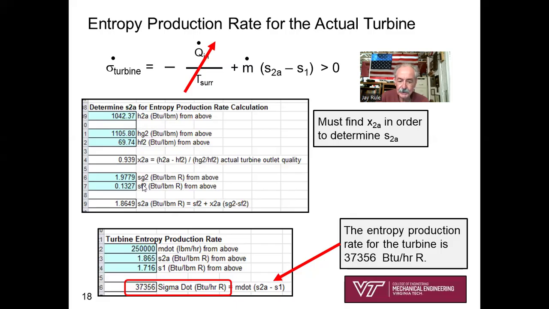I wrote down SG and SF, so I applied my definition of quality to get S2 actual is 1.8649. Crank the numbers to get sigma dot of the turbine is 37,356 BTUs per hour degree R. That is the measure of irreversibility rate associated with the turbine.